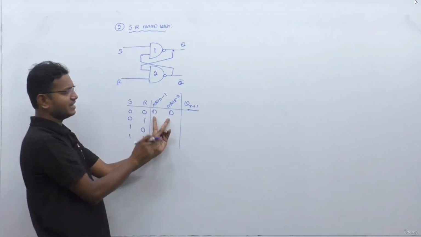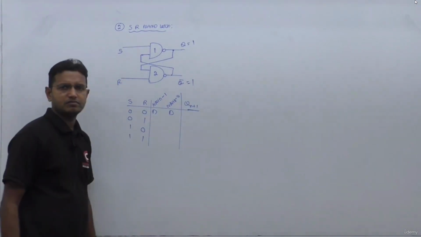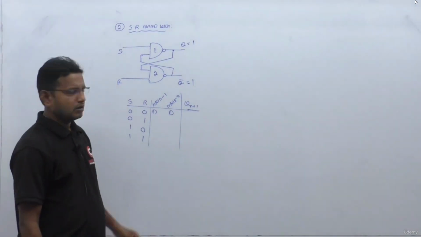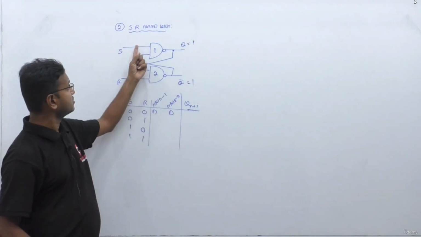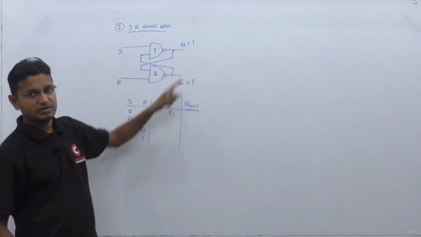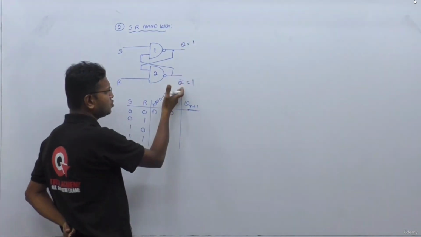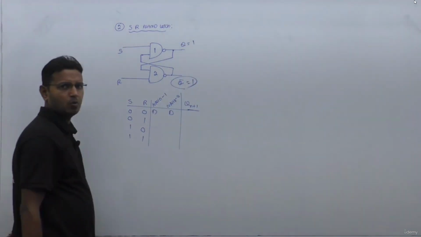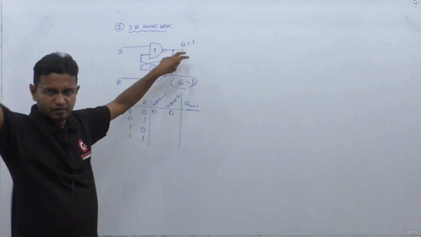Remember, whenever NAND gates are disabled, the outputs will simply be 1, and this will also be 1. If NOR gates are disabled, the outputs will be 0. So here NAND gates are disabled means they will simply be 1s, for both Q and Q bar. Now see here, if Q equal to 1, how can Q bar be 1? What kind of Boolean algebra is this? If Q equal to 1, Q bar has to be 0 from Boolean algebra.